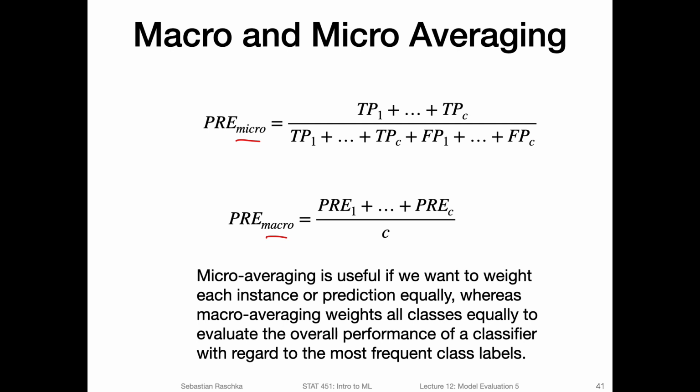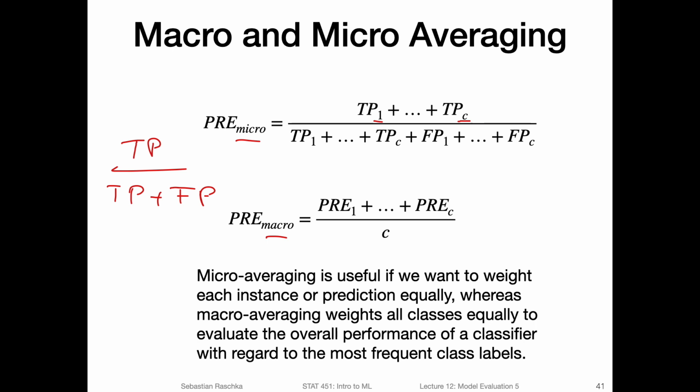So if you recall, first of all, the precision is computed as the true positives divided by the true positives plus false positives if we have a binary classification problem. But if we have more classes, like classes 1 to C, for example, 2, 3, 4, 5, 6 classes, there are 2 different ways for computing the precision.